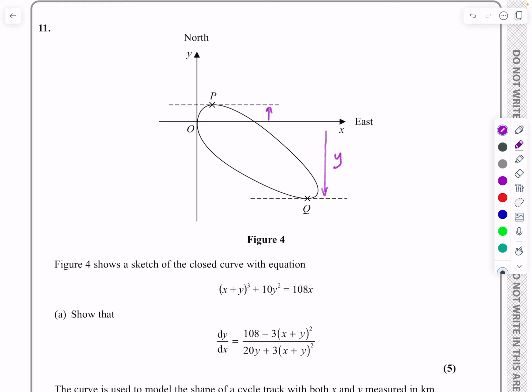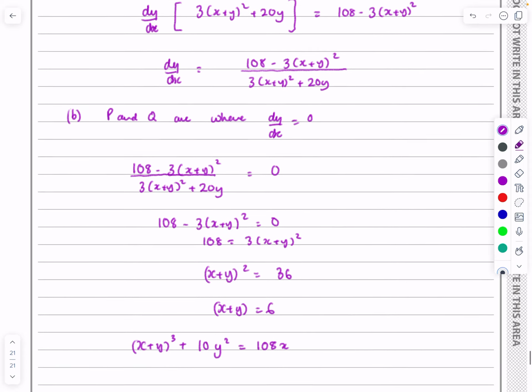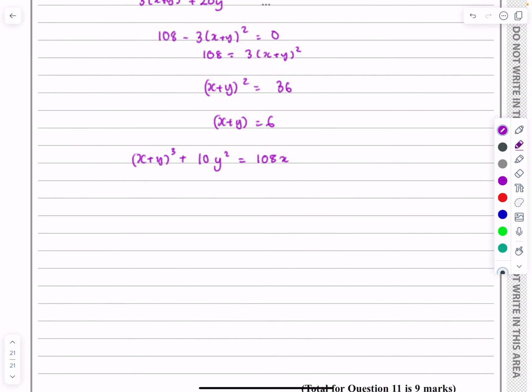So if I'm trying to find y, what we need to look at is getting rid of x from my equation here. So I know that x plus y is equal to 6. So I have 6 cubed plus 10y squared is equal to 108x, but that's 108 times (6 minus y). Let's just solve that, because that's not going to be too difficult to solve.